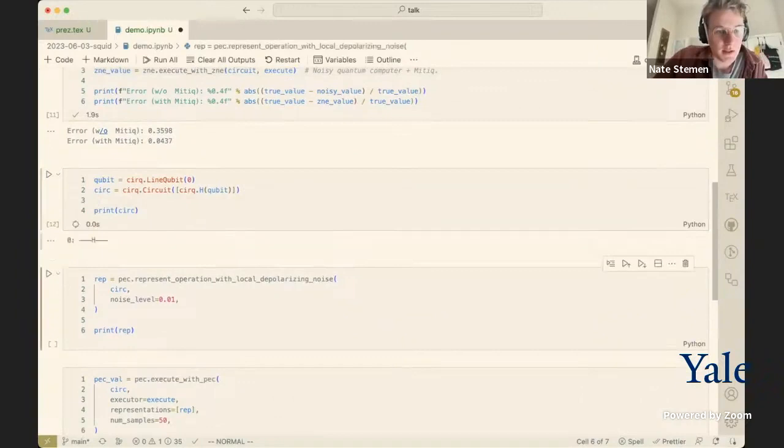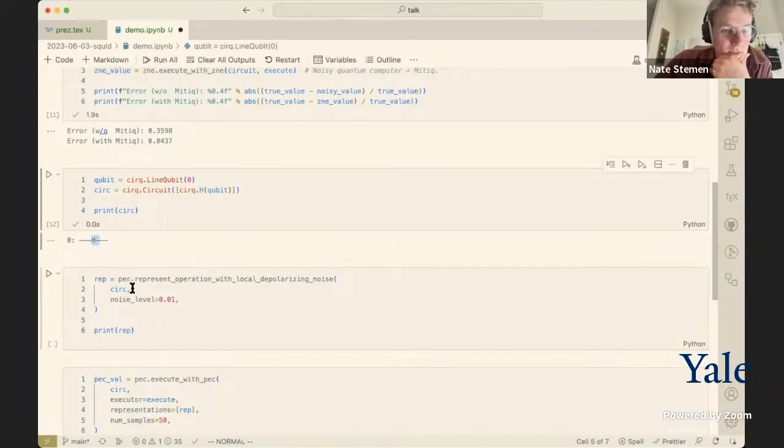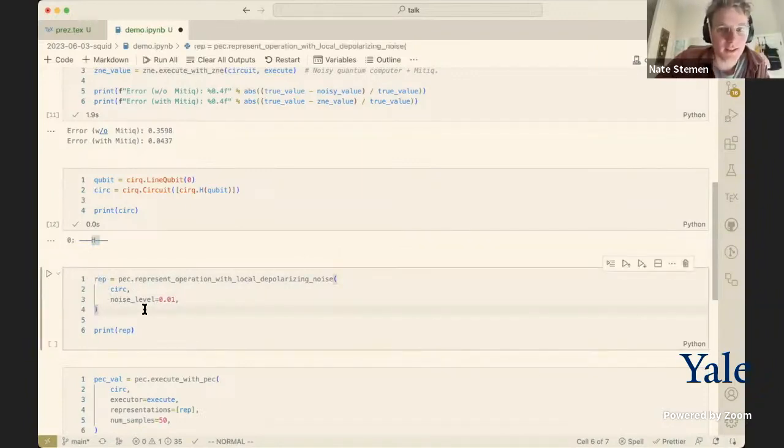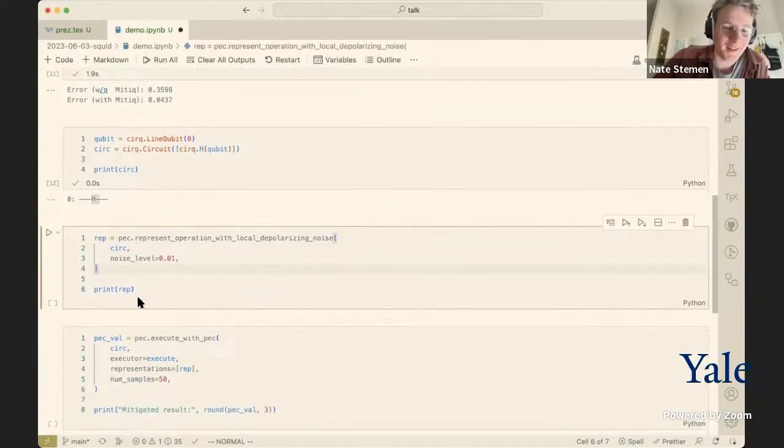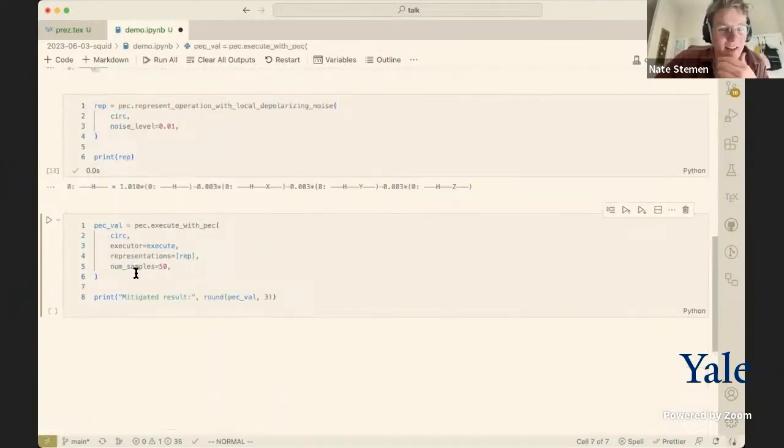The next circuit that we're going to use is even simpler. It's a single Hadamard gate, and the reason I'm showing such a simple example is because doing the next part can be quite slow if we choose a much more complicated circuit.